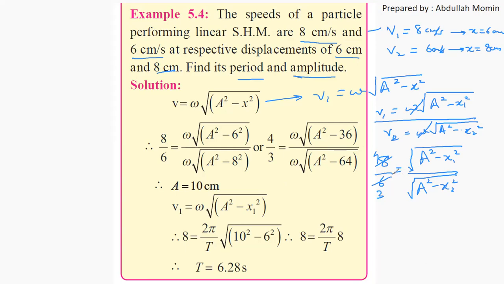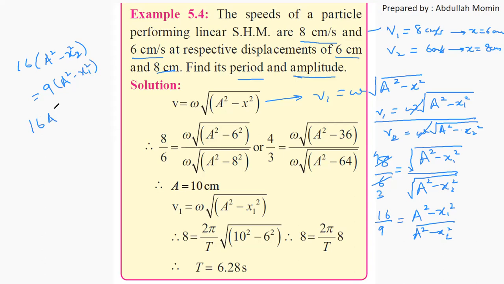So after solving this equation, squaring on both sides, we will get 16 by 9 equals (A square minus x1 square) upon (A square minus x2 square). After cross multiplying it, 16 times (A square minus x2 square) is equal to 9 times (A square minus x1 square).